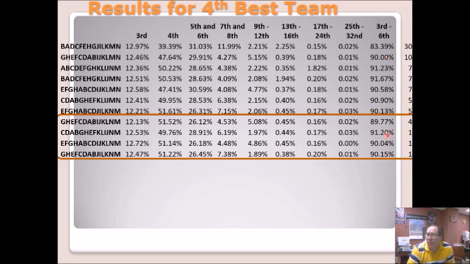So 91% is really good, but on the other hand, the problem with that is the 4th best team is most likely to finish 3rd through 6th, but if you look at their likelihood of finishing 4th, it's actually a little bit lower. So a lot of that is put into the 5th and 6th. And so these teams, on the other hand, have about the same probability of finishing 4th, and it's more likely than not for the 4th best team to finish 4th, but then they back off a little bit.